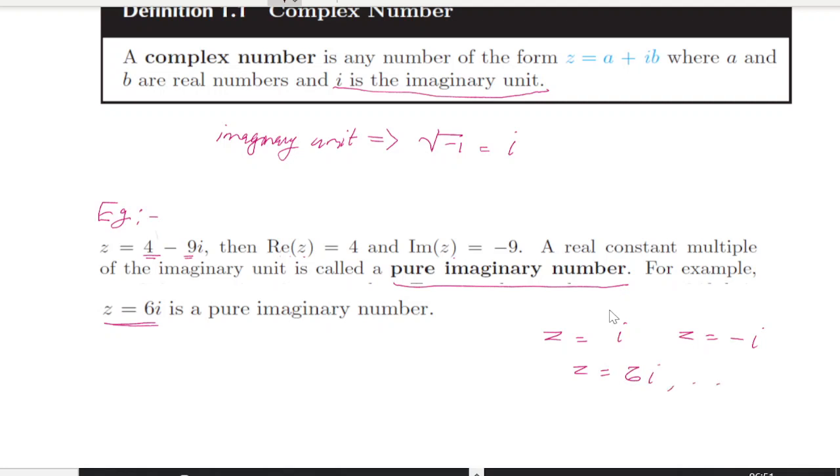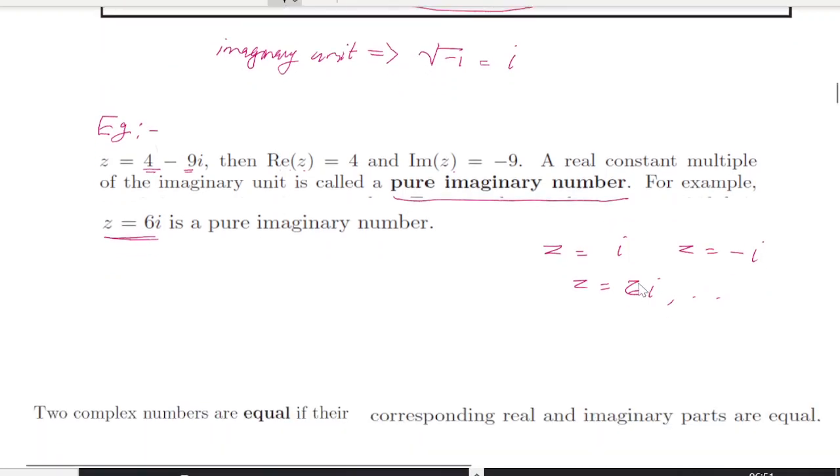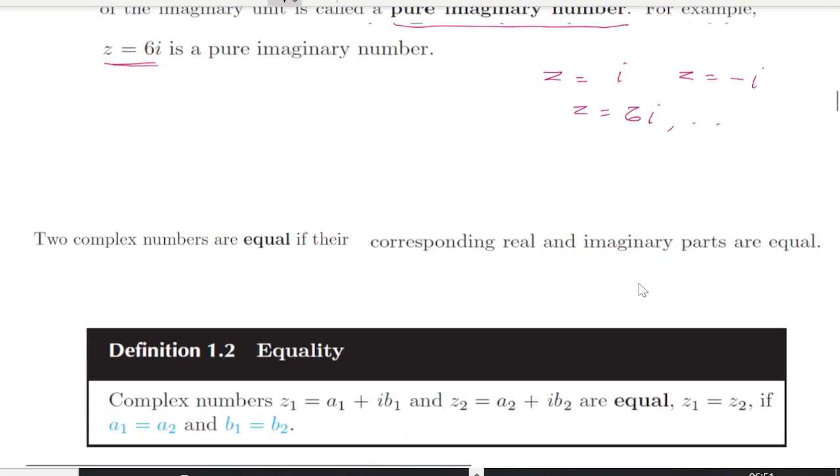Everything here is purely imaginary. That means when the real part is missing, we say that the complex number is a pure imaginary number.